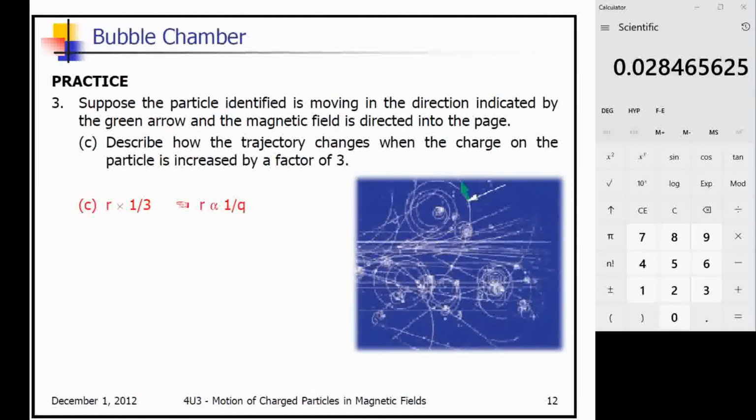And the same thing happens if we increase the charge of the particle by 3, then the radius would decrease, because the radius is inversely proportional to the charge, because they're on the same side of the equation and their products on the same side of the equation.